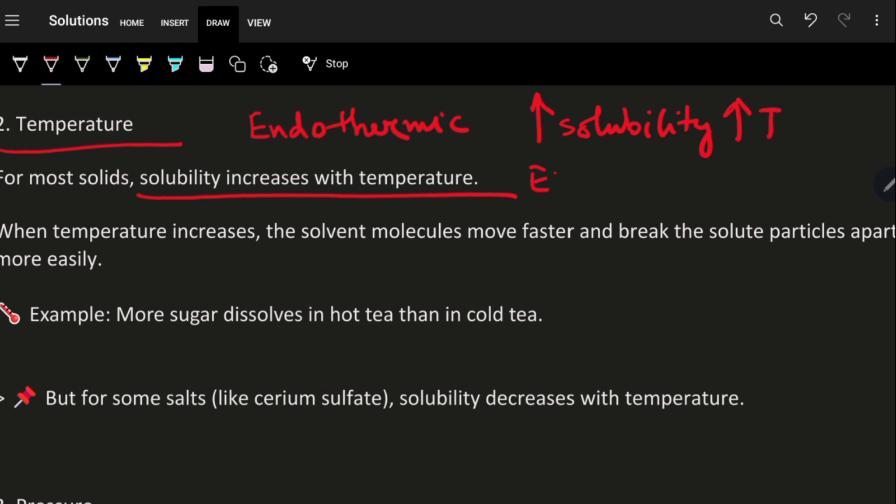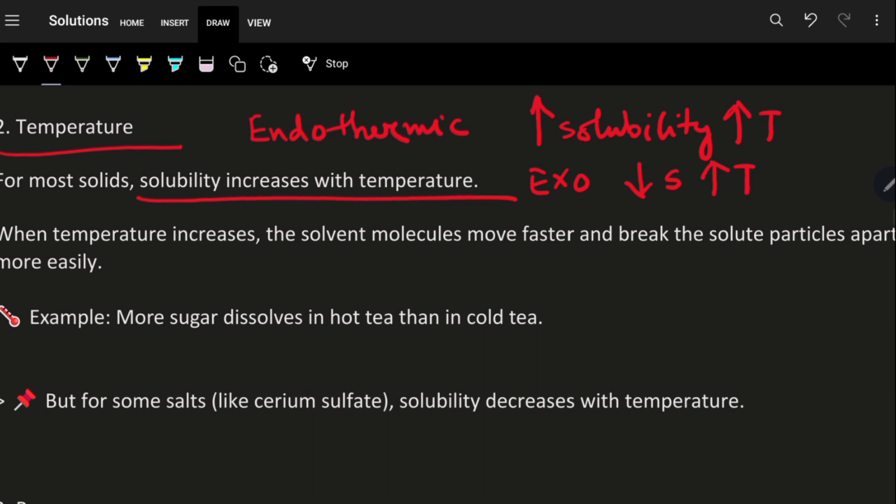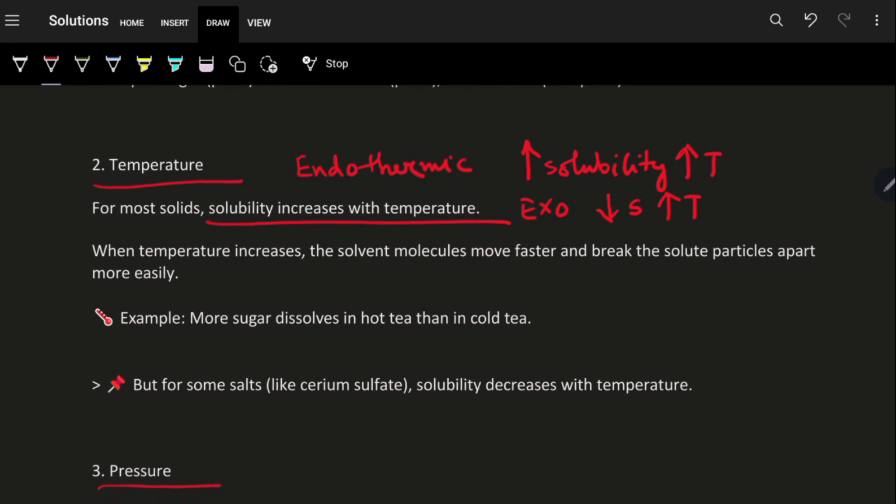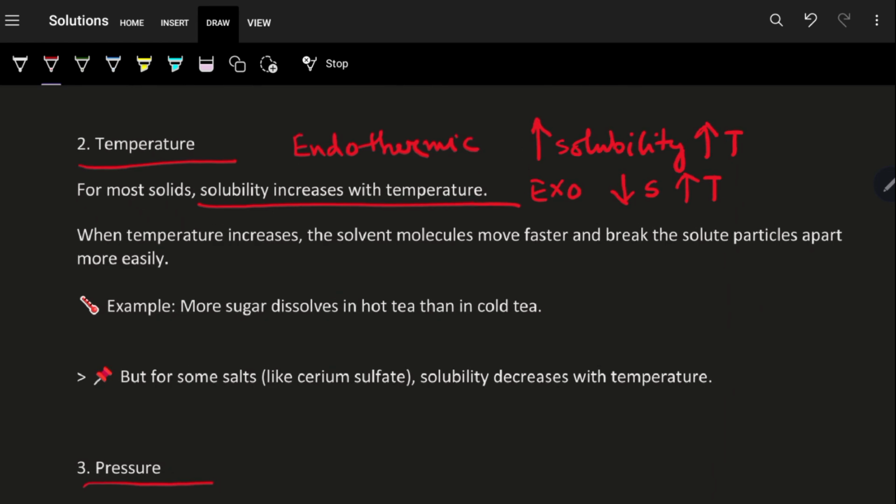But if it is exothermic, then the solubility decreases with increase in temperature. There is an inverse relation. But generally we say solubility increases with temperature because most cases are endothermic.